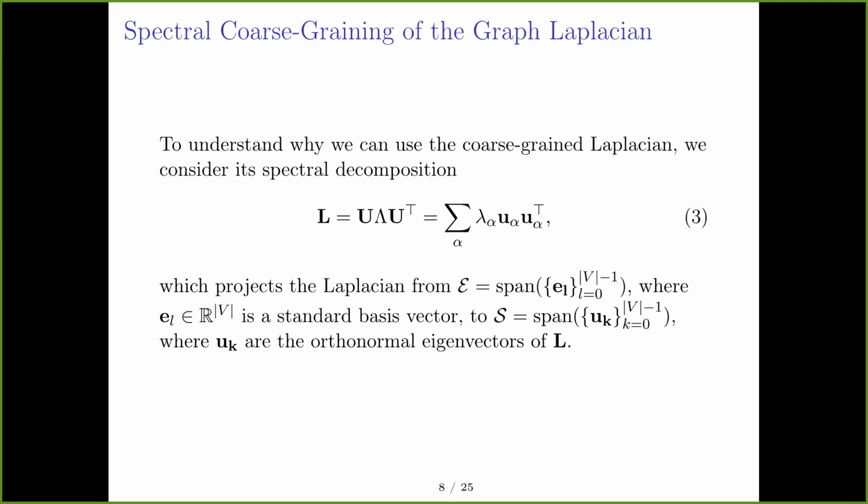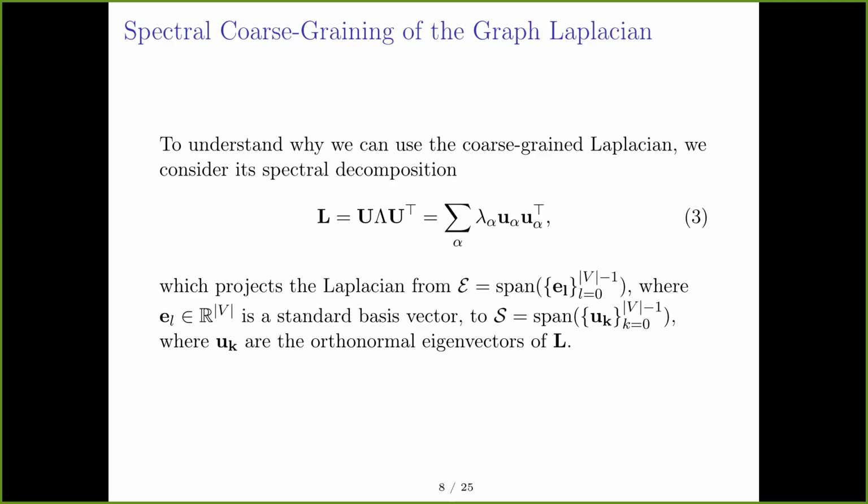And to understand why the Laplacian tells us how to adjust the interactions, we look at its spectral decomposition. So we just re-express the Laplacian in terms of its eigenvalues and eigenvectors. So U here is a matrix of eigenvectors, and capital Lambda is a diagonal matrix of the eigenvalues.